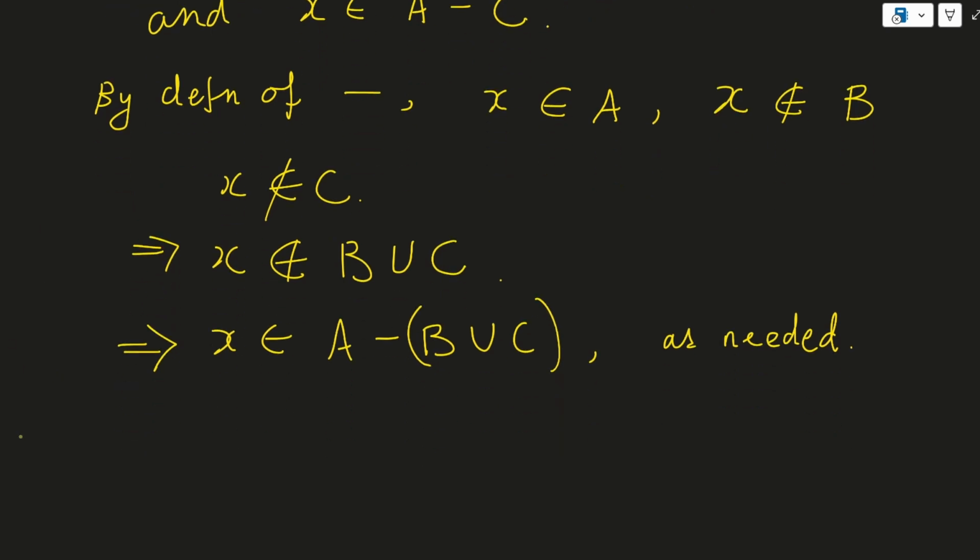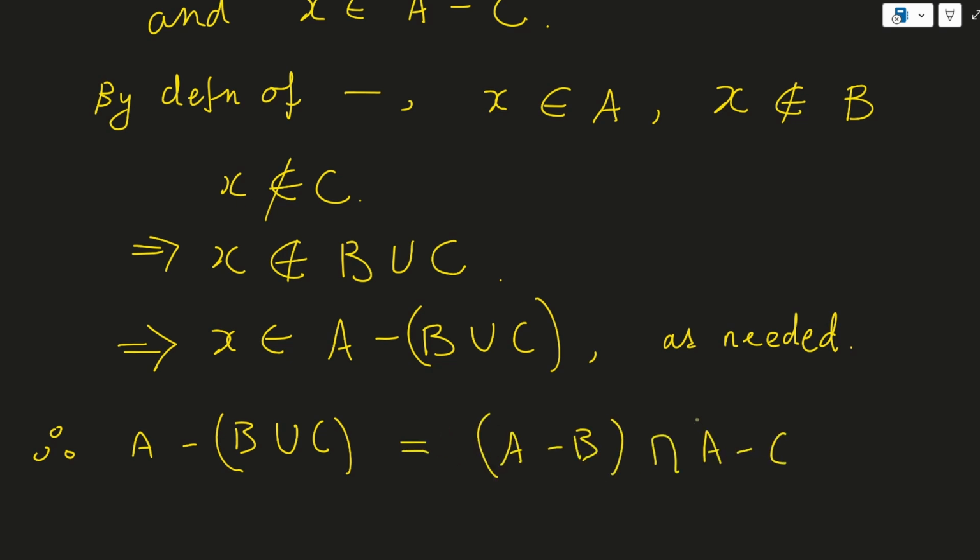So we write a concluding sentence at the end to reiterate what we proved. So it goes like, therefore, A minus (B union C) equals (A minus B) intersect (A minus C). And we usually use a square symbol to indicate the end of a proof.